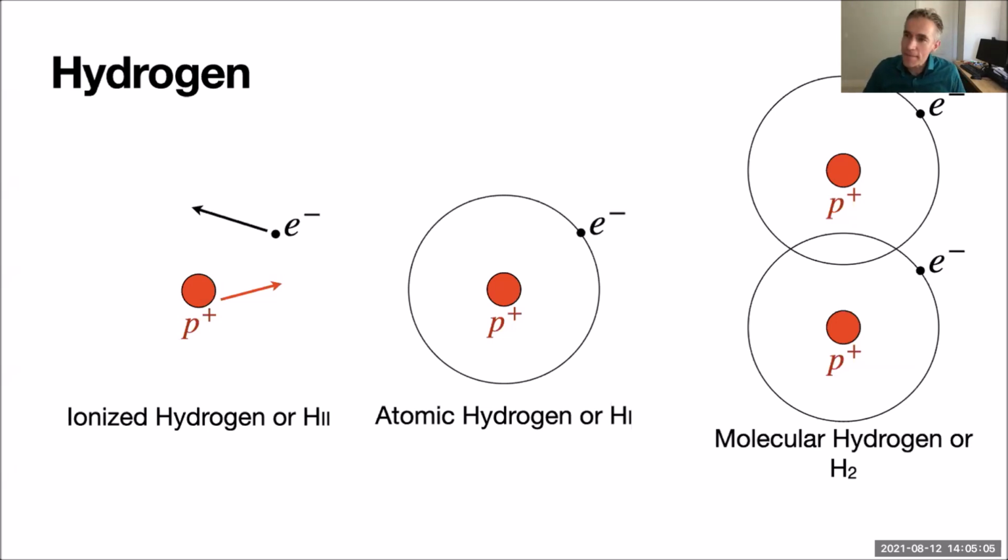If I strip that electron off of the proton, I get an ionized plasma or ionized gas, which I'll sometimes call H II. Or the other thing I can do with hydrogen is to stick it together into two atoms to make a diatomic molecule, and we'll call this molecular hydrogen, or occasionally I'll slip up and call it H, but this time subscript 2. And I promise you that this never gets confusing.